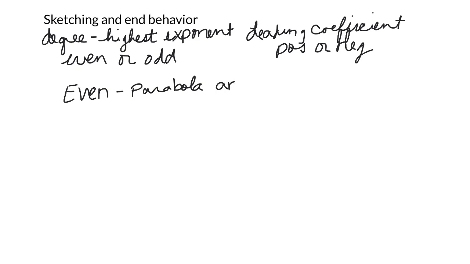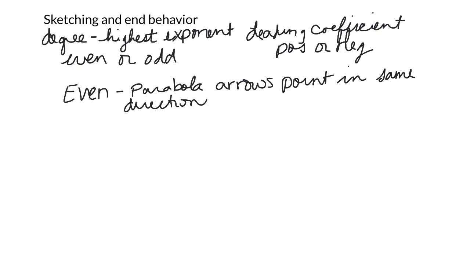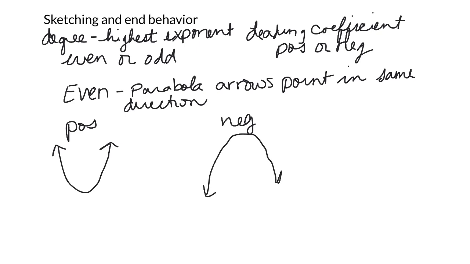The arrows point in the same direction. If it was positive, it looks like a positive parabola. The higher the degree, the more bumps there will be in there. And when it was negative, it looked like a negative parabola.